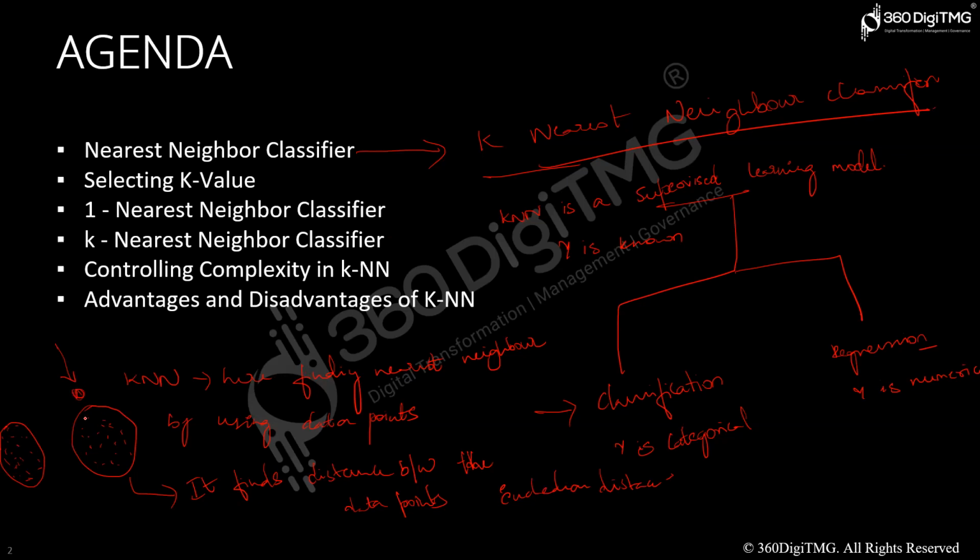In that case, a distance called Euclidean distance is used to calculate the distance between 2 points. Here 2 points are nothing but 1 and 2.